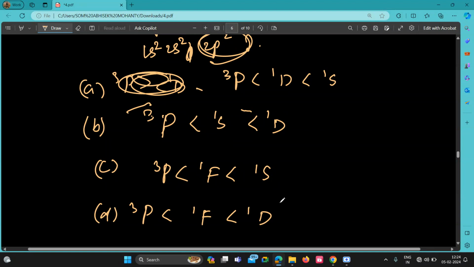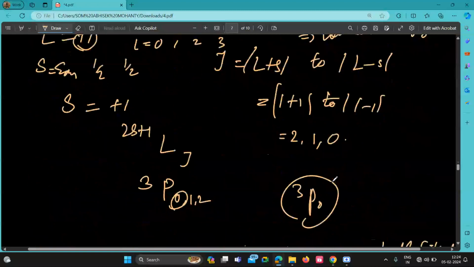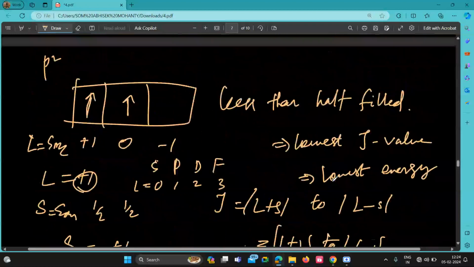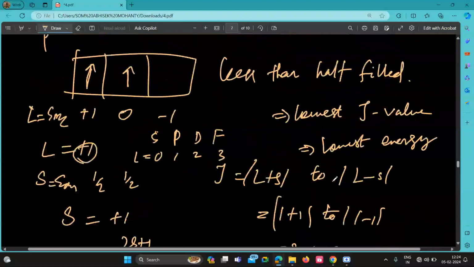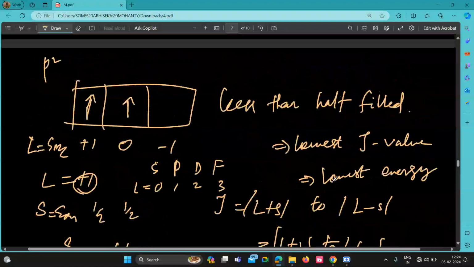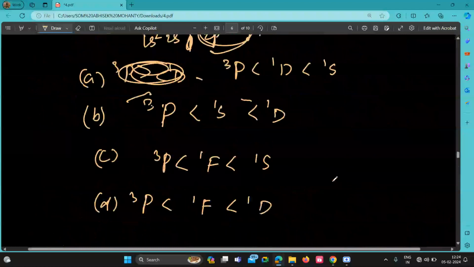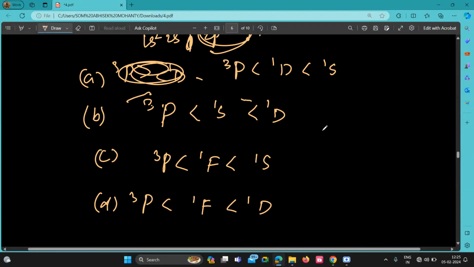Now how to do this? Now P is gone. What is left? D and S.